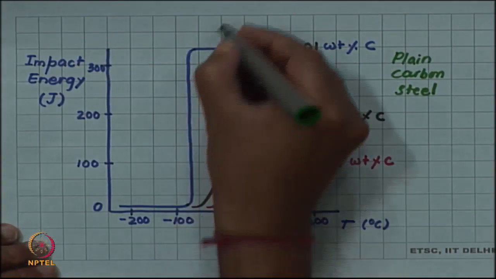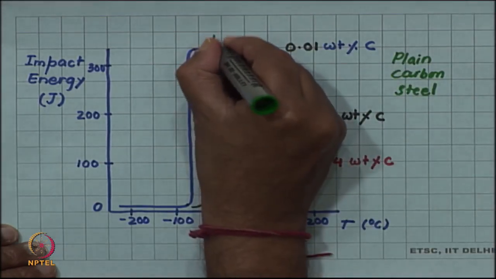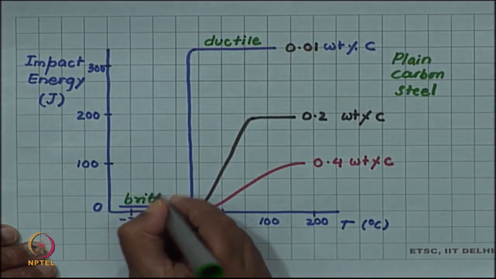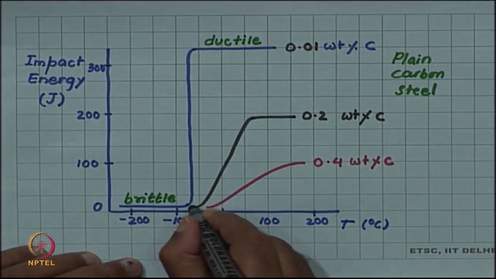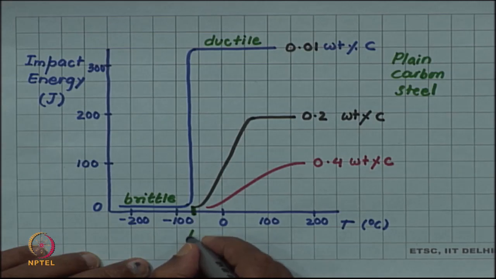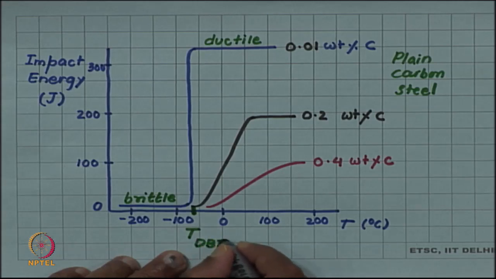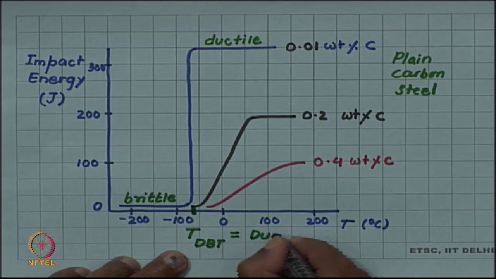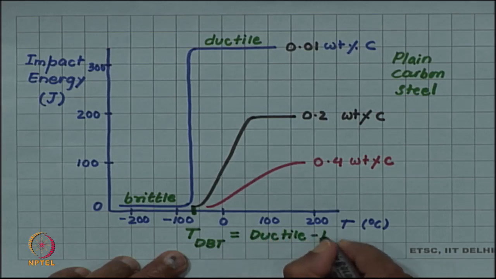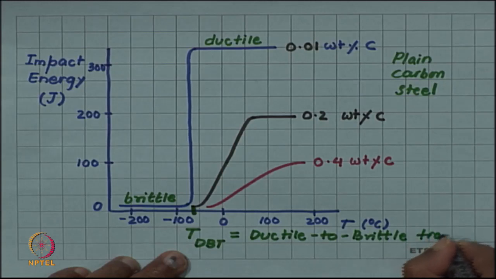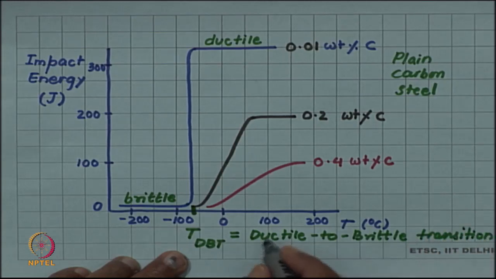So, this means this represents a ductile behavior, whereas this represents a brittle behavior, and a transition is happening at this temperature, which we will call the ductile to brittle transition temperature, TDBT. Ductile brittle transition temperature.